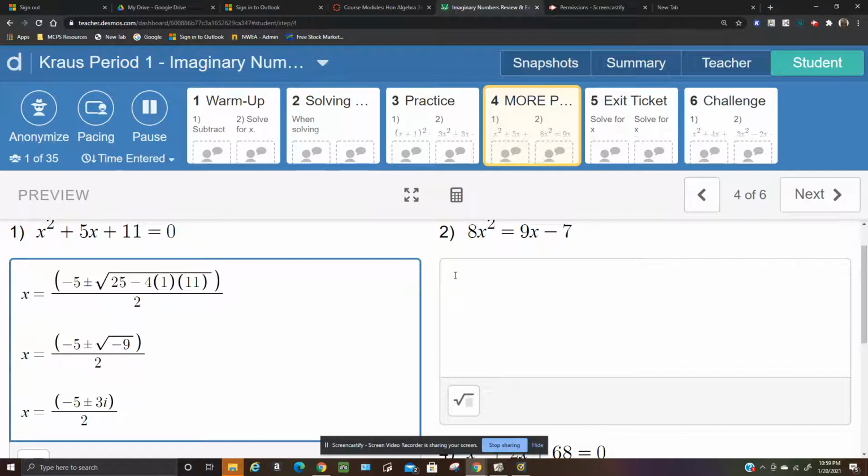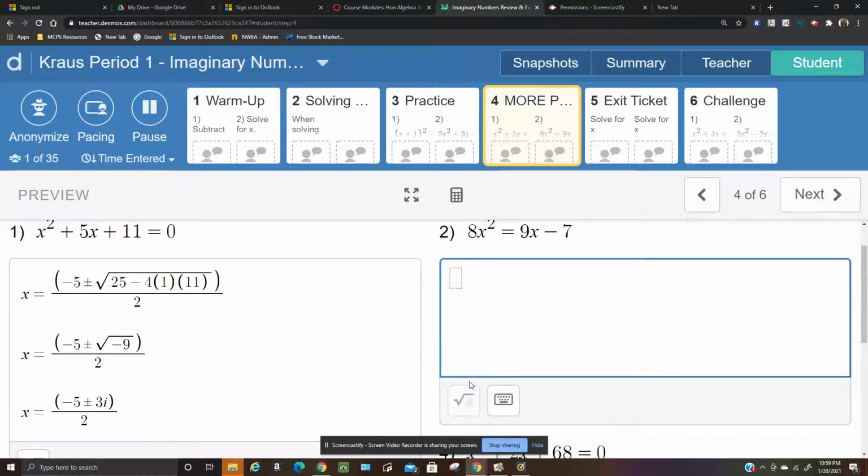The second one, get all the terms on one side. And then use the quadratic formula.